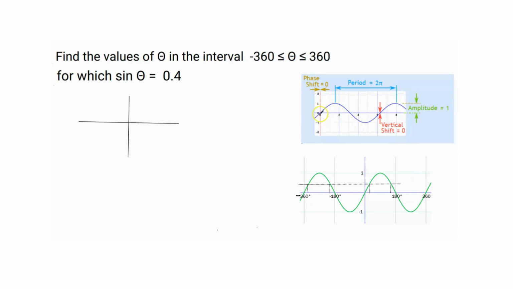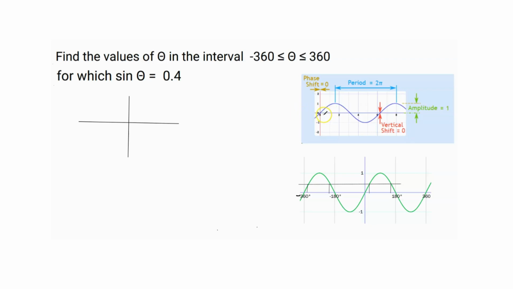So for example, the phase shift of the graph is 0, and the phase shift has to do with how far the graph has shifted horizontally. Here, this is the original sine graph, and it has not shifted. So remember, the phase shift has to do with the horizontal movement to the right or to the left, and here it is 0, it has not moved.